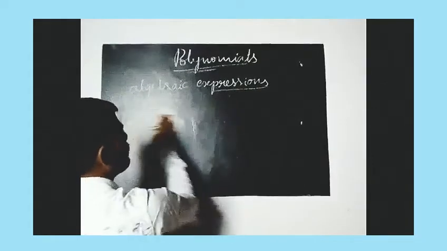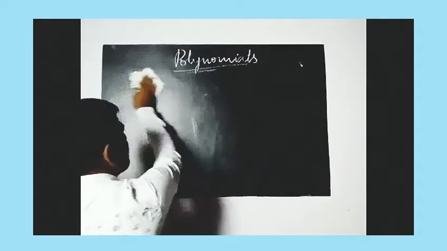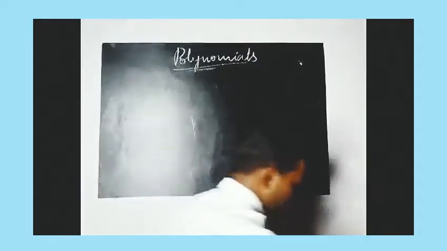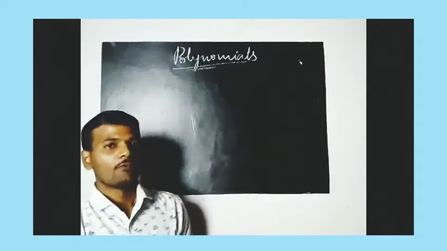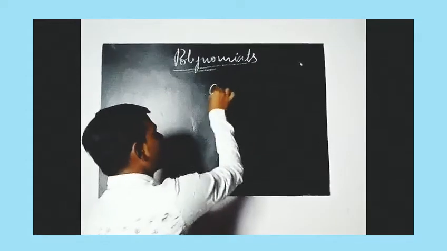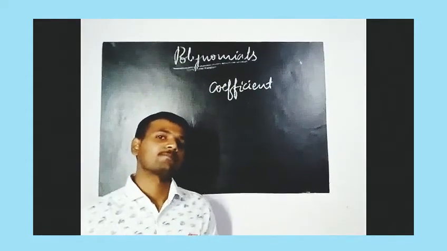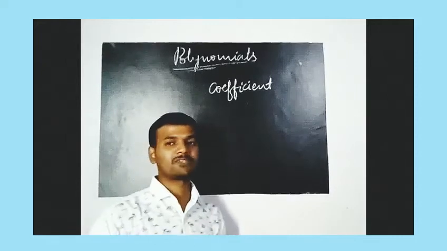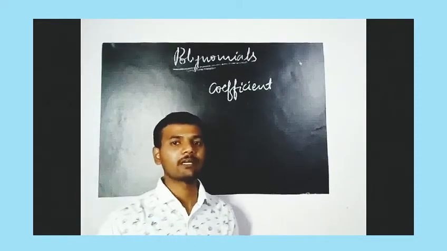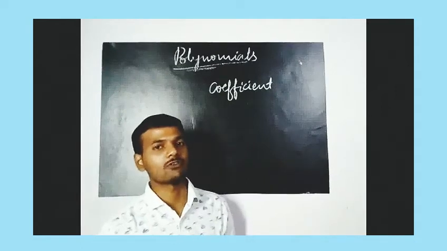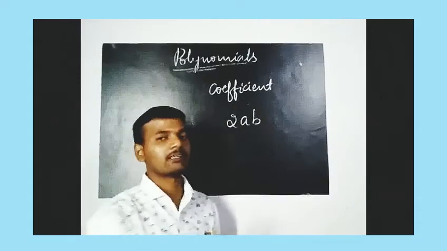Next we are going to know about types of algebraic expressions. Before that, one thing, that is coefficient. Coefficient means the companion part of the term. For example, 2ab is a term.